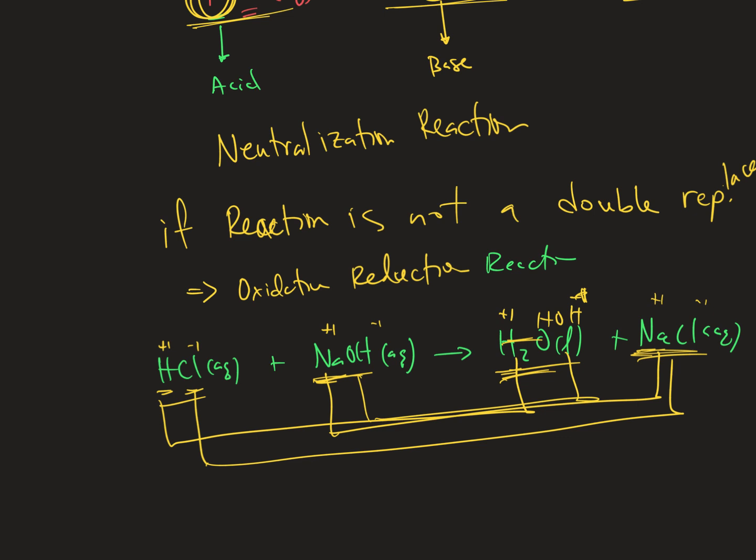We're not worried about why right now. I just want you to recognize this is a double replacement reaction. This guy comes over here and kicks off silver, and silver comes over here and replaces hydrogen. Hydrogen replaces silver. We've got two replacements.